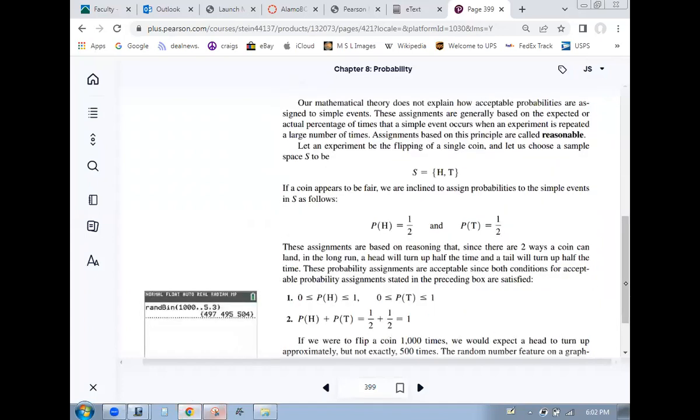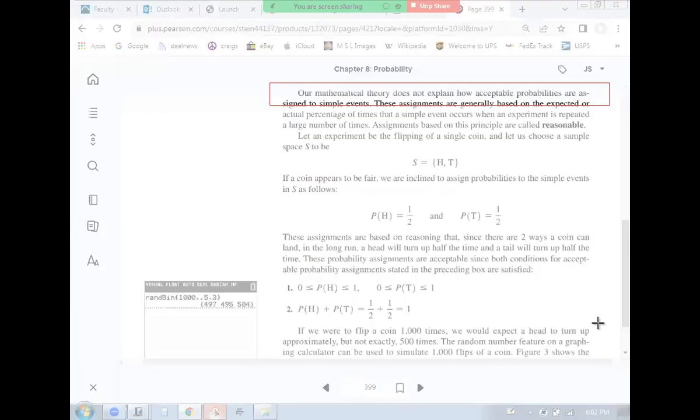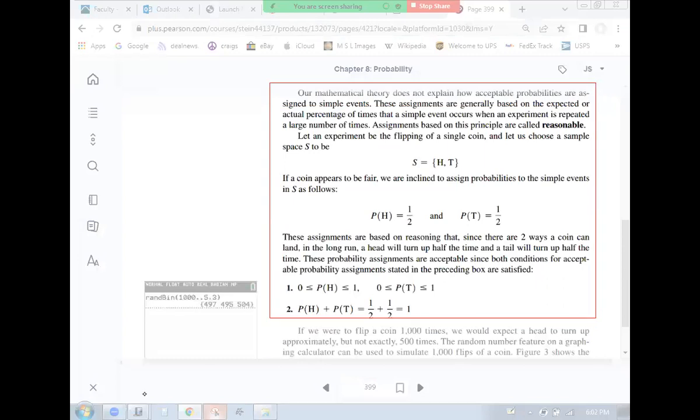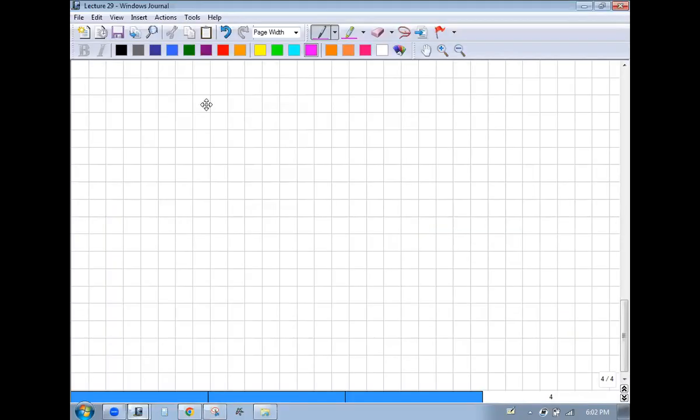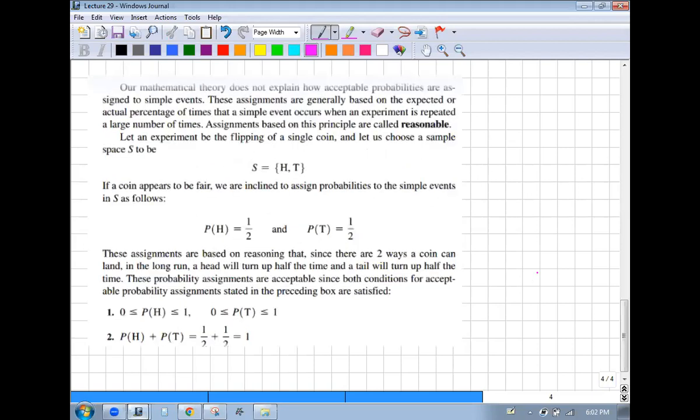And then we're going to talk about heads and tails. This does not explain how acceptable probabilities are assigned to simple events. These assignments are generally based on the expected or actual percentage of times that a simple event occurs when an experiment is repeated a large number of times.